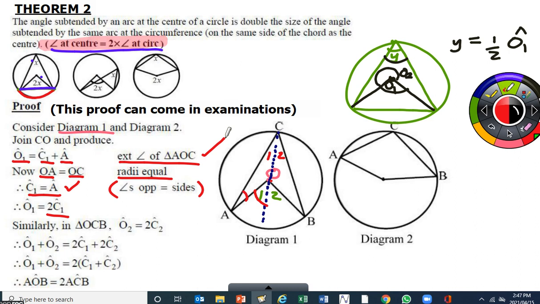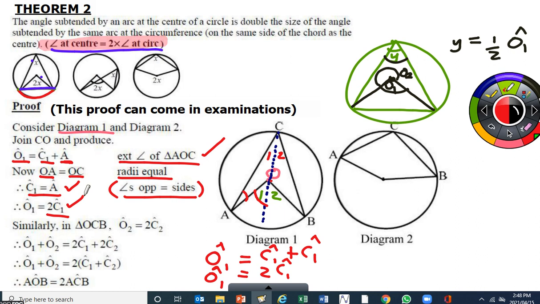Hence, angle C1 is equal to angle A because they are angles opposite equal sides. Therefore, where there is A here, I can put C1, so that I end up having O1 is equal to C1 plus C1. That gives angle O1 is equal to 2C1. That's what we have here.